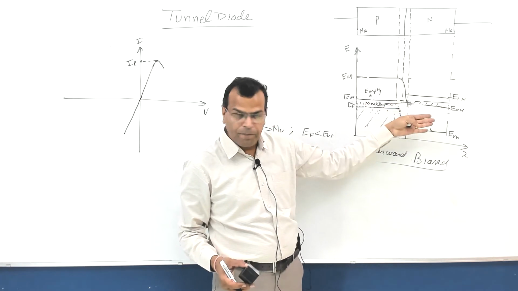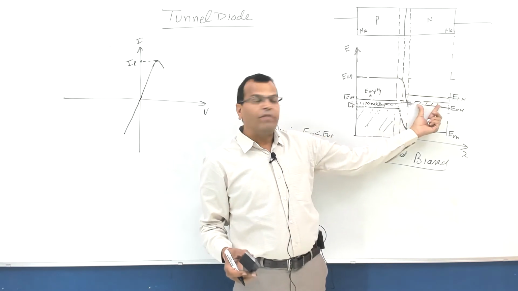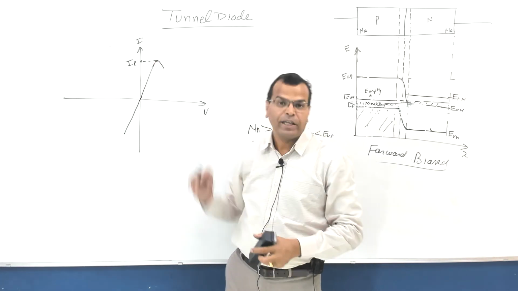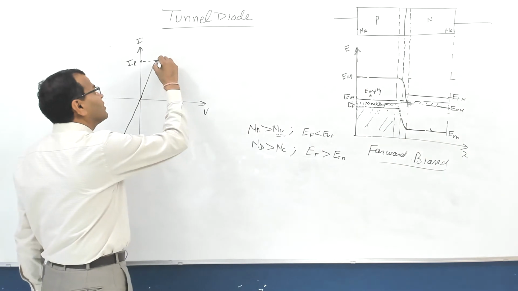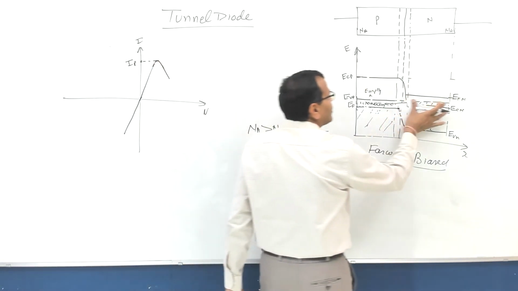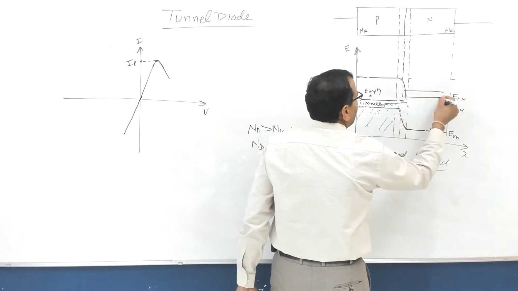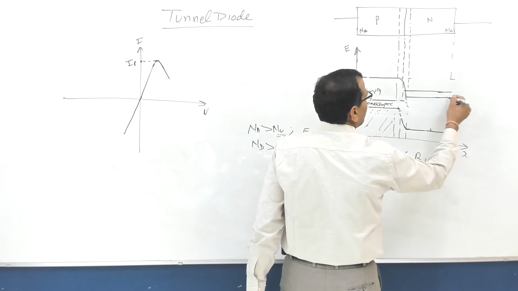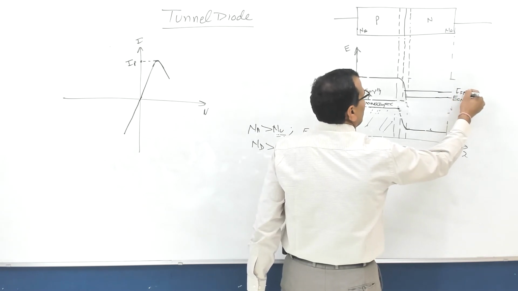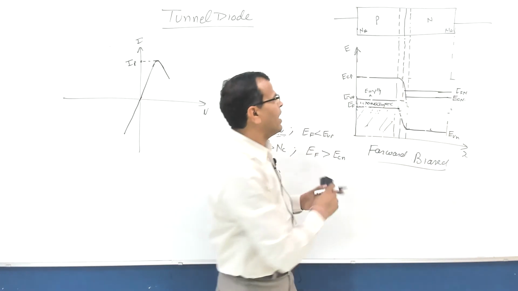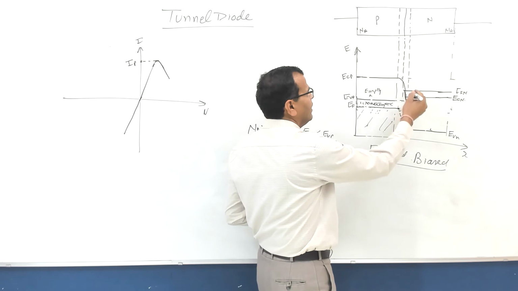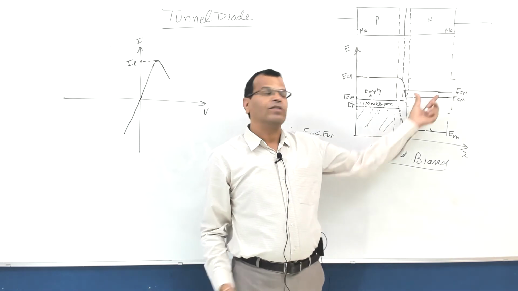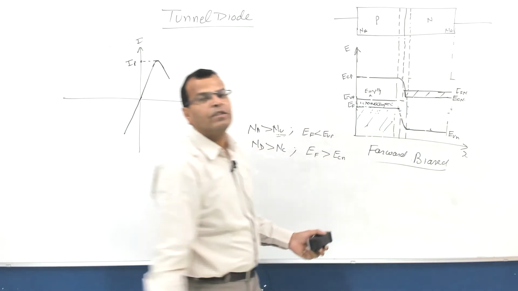But now because of shifting, the filled energy states and empty energy states are comparatively fewer. So the current starts decreasing now, and a condition will be reached when the lowest level of the conduction band on N side and the Fermi level on N side will both be shifted upward, and there will not be any overlapping between the filled energy states on this side and empty energy states on this side.